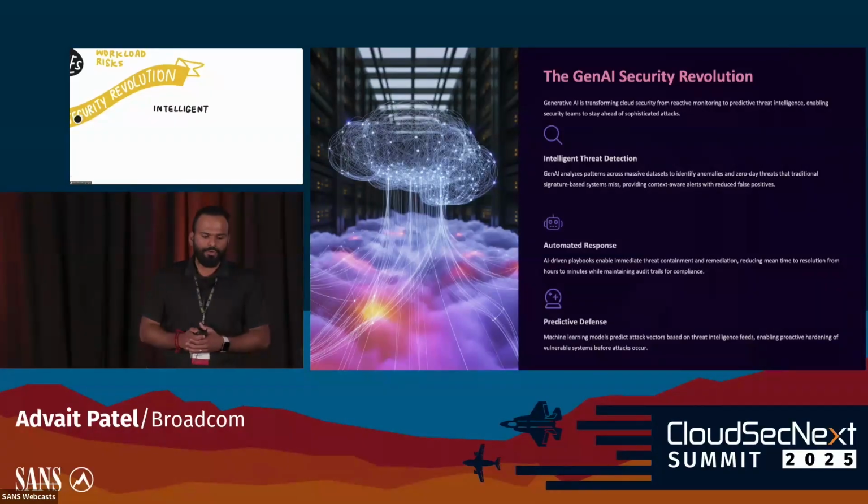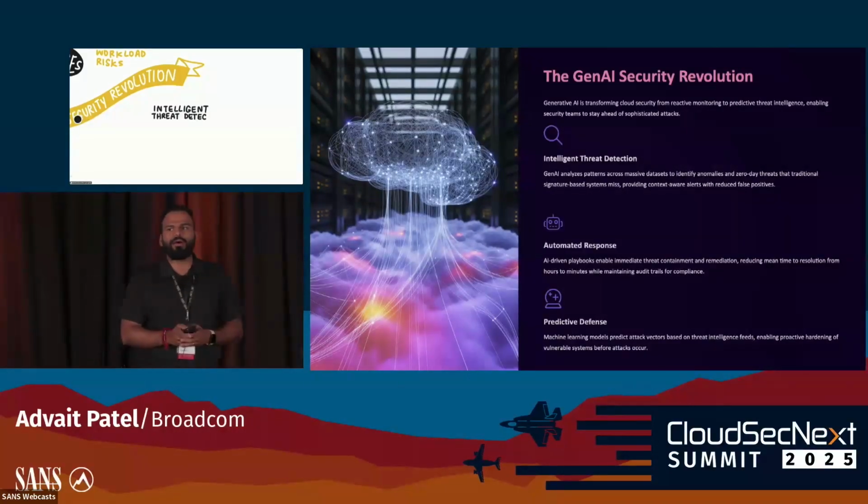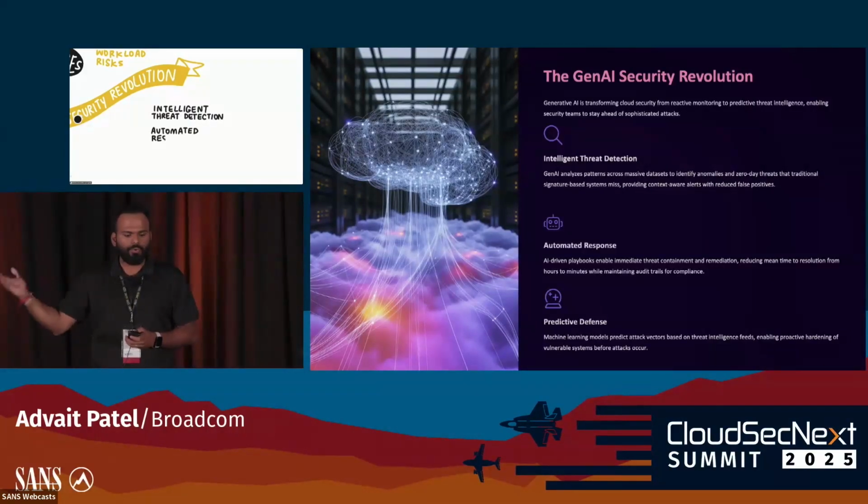The other thing is predictive defense, where these Gen AI tools and technologies are predicting the attack path. They are based on past learnings, based on the data that we feed into them. They are learning, and they can tell you, like, if this is gonna continue, we might see this issue in future, right?